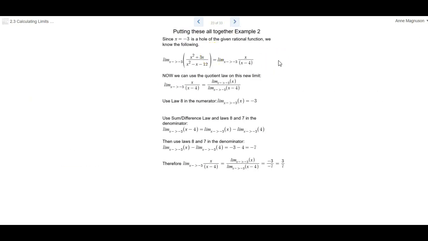Now I can use the quotient limit law. So I can take the limit of the numerator and the limit of the denominator on that simplified function. And again, using the identity function law in the numerator and the sum or difference law in the denominator, and then again the identity function law and the constant function law, I get 3/7.